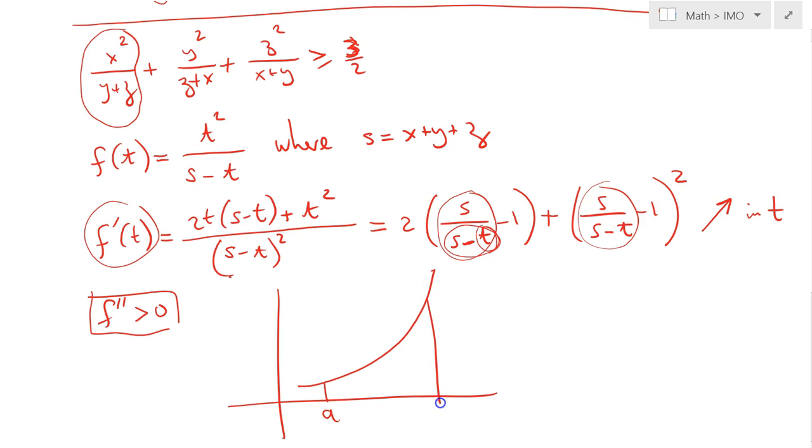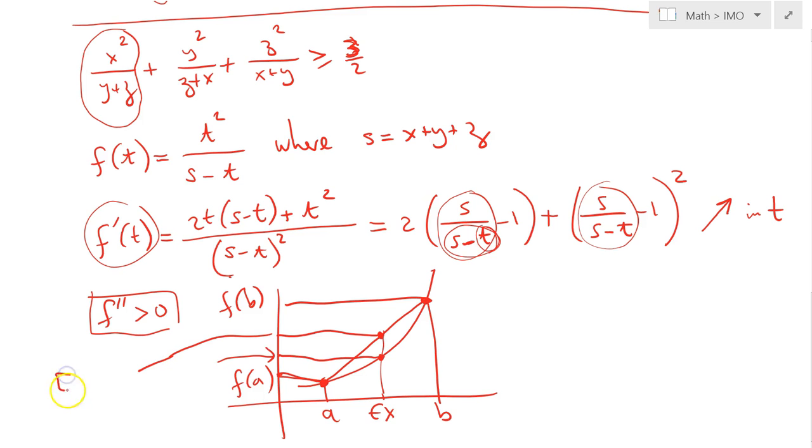So if this point is A, this point is B, so you have the expectation here, and this point here is f of A, this point here is f of B. So you have these two points here, and the regular average, this is the expectation of f of x. That is greater than f of the expectation of x. Okay, so that looks good.